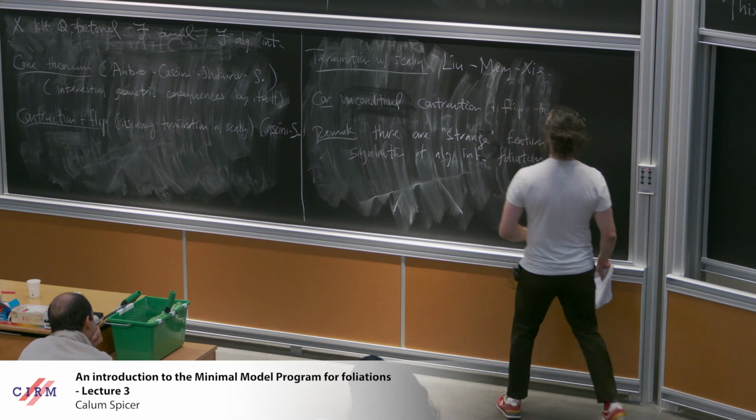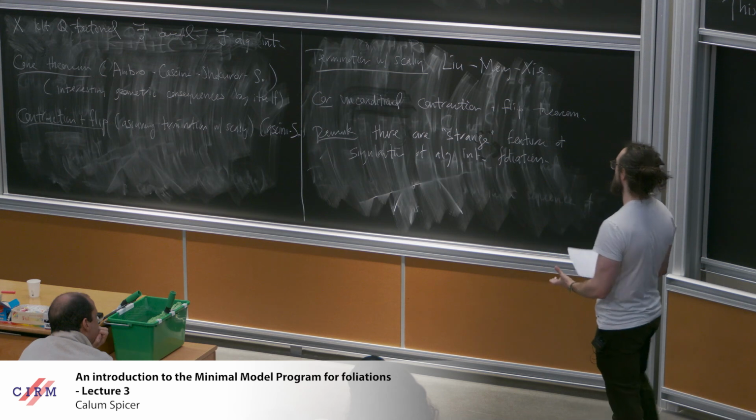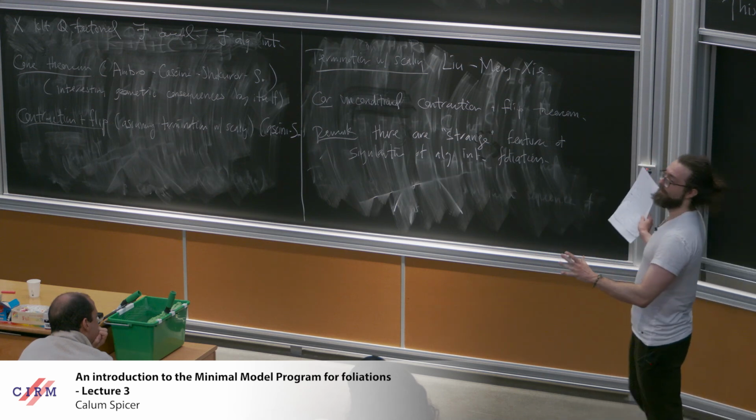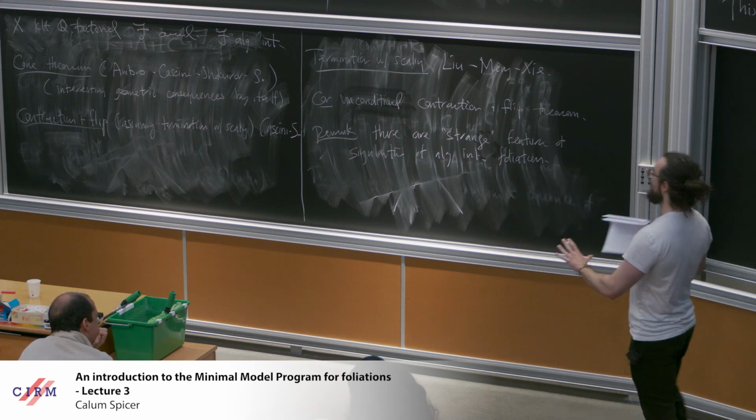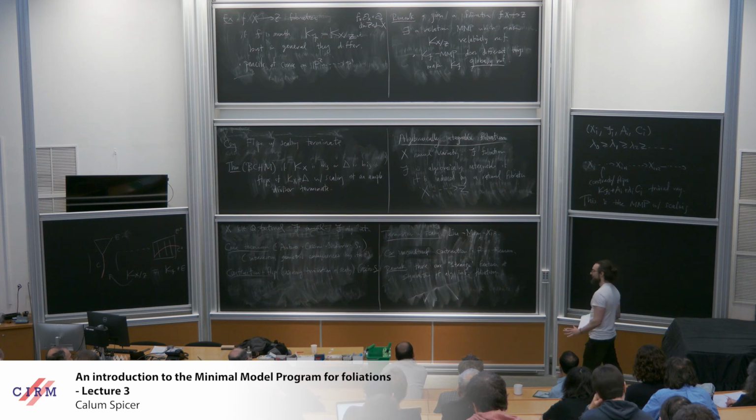So just to say some words, a foliation will usually have infinitely many log canonical centers, whatever this means. But I guess you can believe that if you have infinitely many of something bad, this is probably a bad thing. So I just want to emphasize that there are strange things about foliation singularities from the perspective of the MMP.